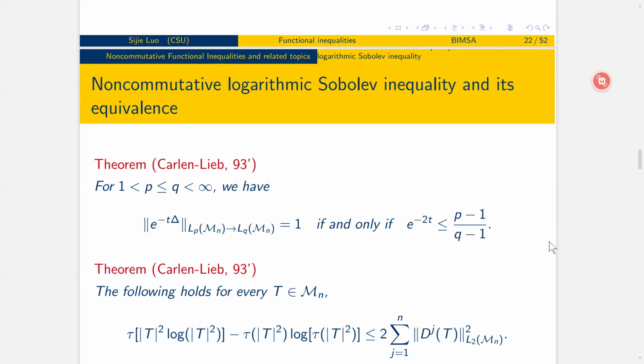It's the same, but the proof is different, because in this proof they rely on a very fundamental result of Carlen and Lieb in 1992. They proved that for non-commutative Schatten P spaces, they compute the optimal constant of the Schatten P space for their uniformly convex constant.